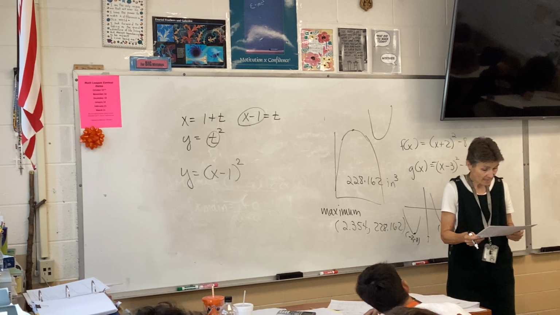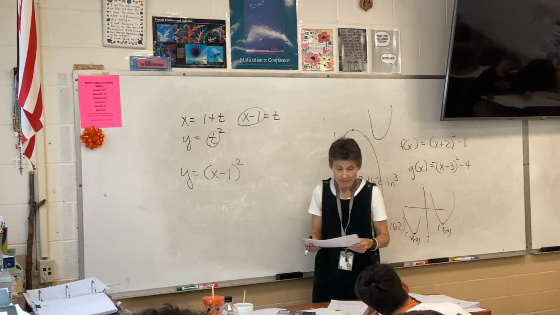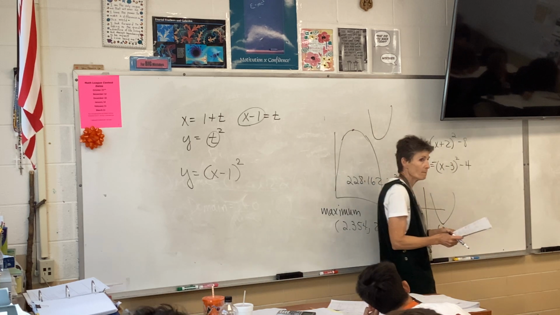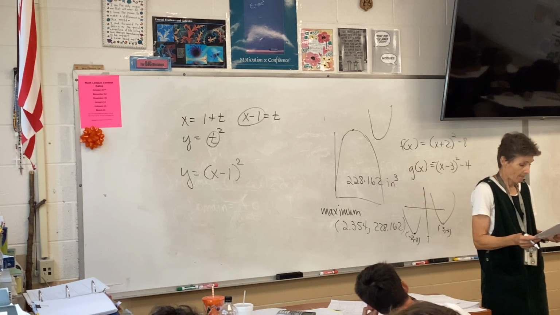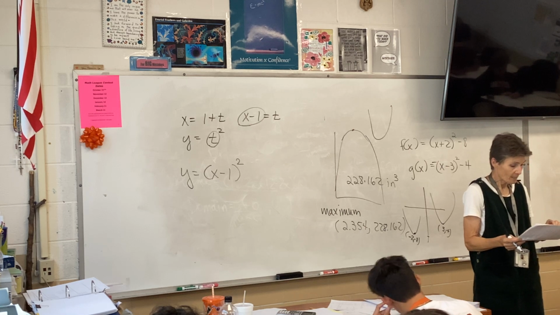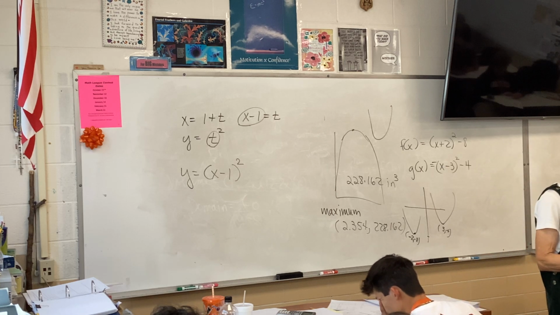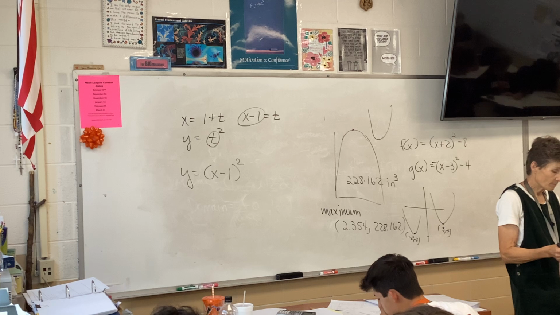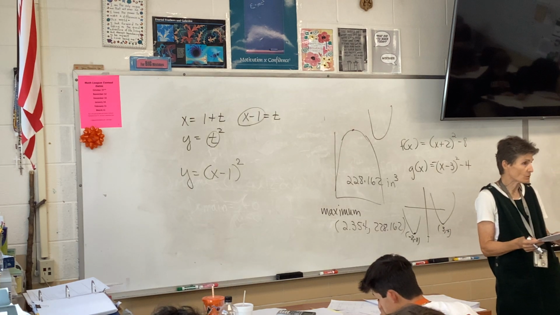All right, number 8. This is really simple, but I don't remember talking about it specifically. We talked about it in general. N and n inverse are my two functions. They're inverses of each other. If you put 5 into n, you get 11. What happens if you put that 11 into the inverse?